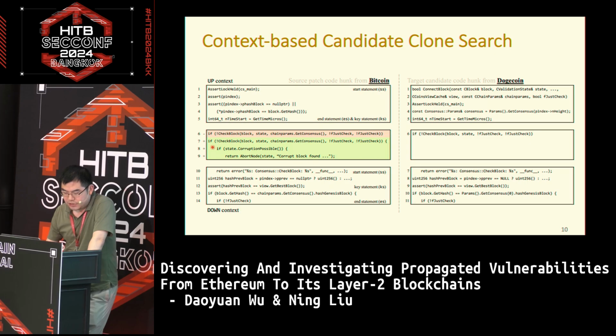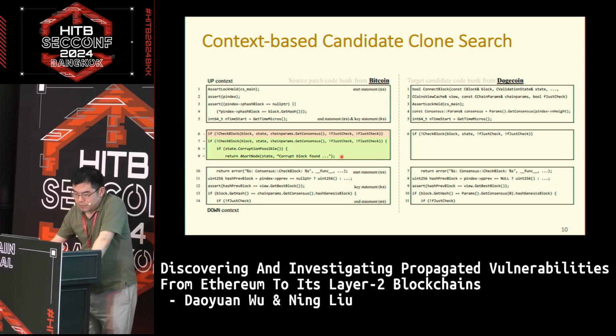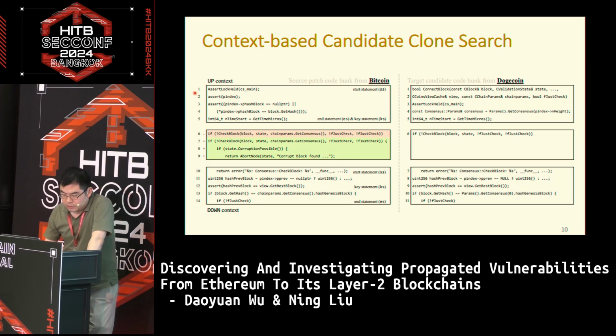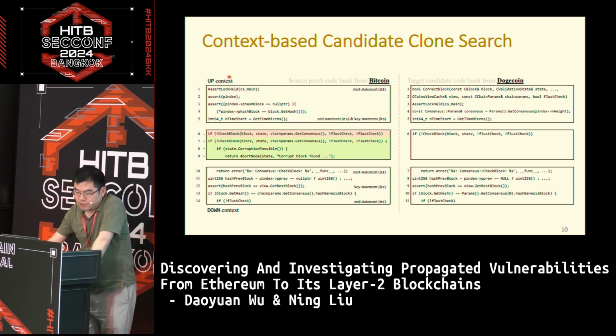You can see it adds some more checks to avoid the blockchain having some corrupt blocks. Here we define the context as the nearby code lines. It could be in this direction or in this direction. So we use both pieces of code as the context of this diff code.